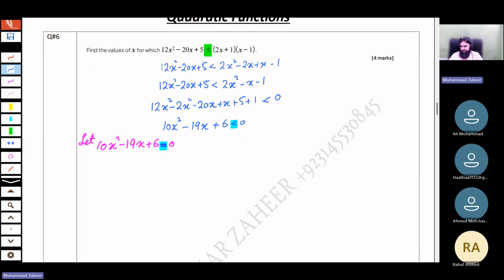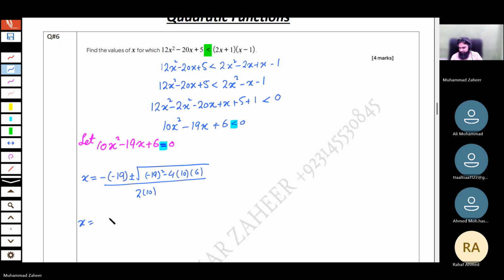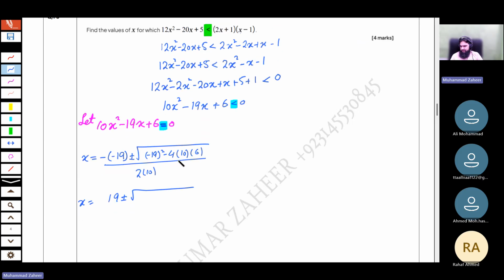So let's see how to do it by the quadratic formula. We have x is equal to minus b plus minus square root of b squared minus 4ac, divided by 2a. So it will become 19 plus minus, 19 squared minus 240.